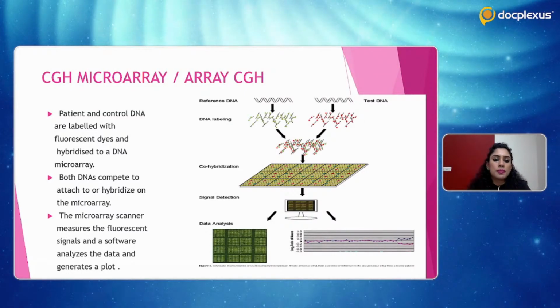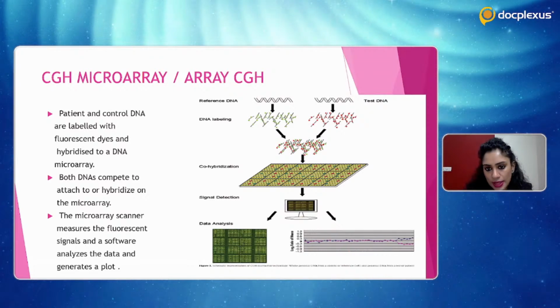CGH array, basically here what we do is patient and control DNA are labeled with fluorescent dyes and hybridized to a DNA microarray. Both DNAs compete to attach or hybridize on the microarray. So you can see that there is co-hybridization on the microarray. The microarray scanner measures the fluorescence signals.